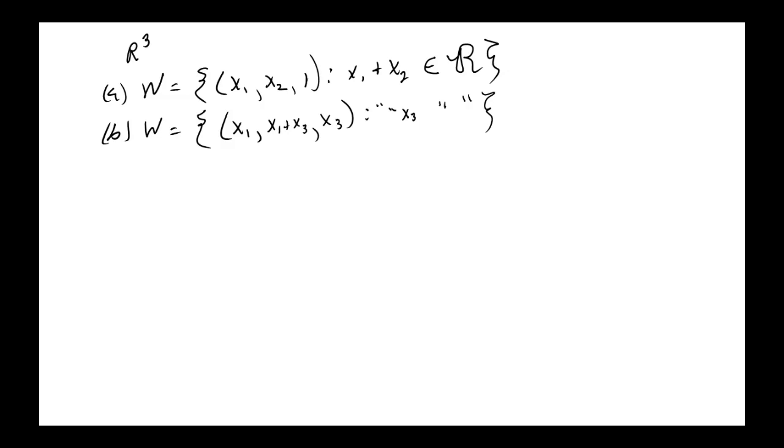Now passing through the origin is an R2 thing that we're talking about, but it's still going to be true here, and no, that won't pass through the origin because the Z component is always 1. Origin's down there at 0, 0, 0, so no, it won't. So this one cannot because it doesn't contain the zero vector. The zero vector would be 0, 0, 0.